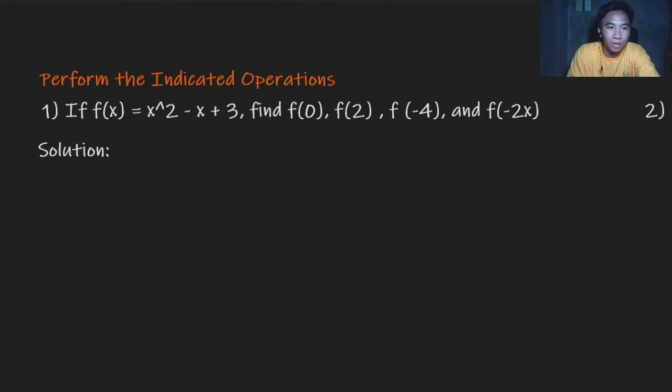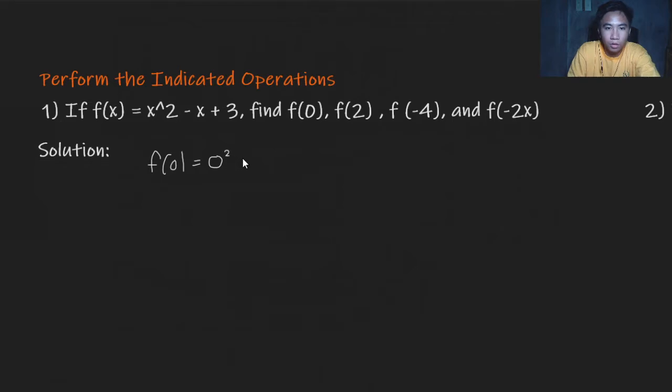So, let's apply ito. So, perform the indicated operations. If the function of x equal to x squared minus x plus 3, then find f of 0, f of 2, f of negative 4, and f of negative 2x. So, sa substitution lang to. So, f of 0 is equal to, so magiging 0, no?